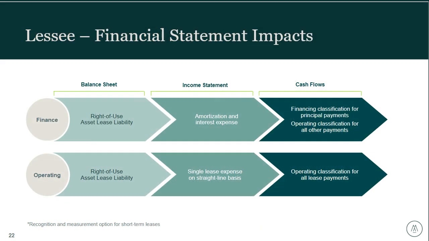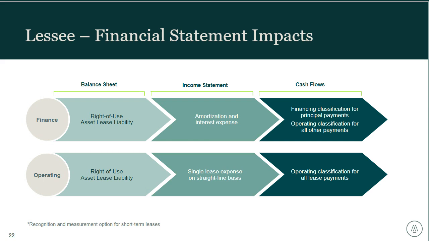Here's a pretty good visual about what this is going to look like. So we changed the word capital and created the word finance. So we're going to throw on a right-of-use asset and a lease liability. Under finance leases, old capital leases, we're going to have two expense items, amortization of the right-of-use asset and then interest on the lease liability.